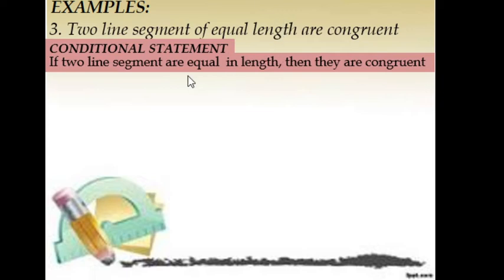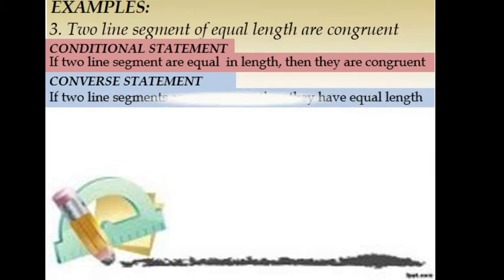So, dito, ang ating hypothesis, 2 line segments are equal in length, and ang ating namang conclusion, they are congruent. Next, the converse statement, if Q, then P. So, if 2 line segments are congruent, then they have equal length.